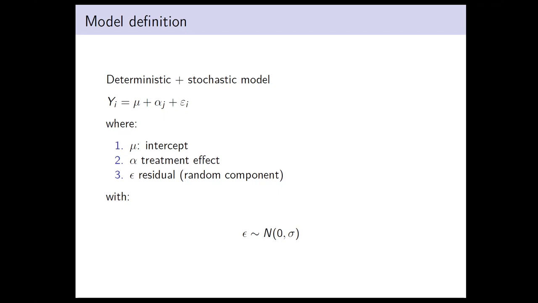Okay? So, if we stop here, then it's not enough, because as we have 4 treatments, if the model would stop here, we would only have equal values for the units which were treated the same way. Okay, because they have the same treatment effect as the treatment is the same.